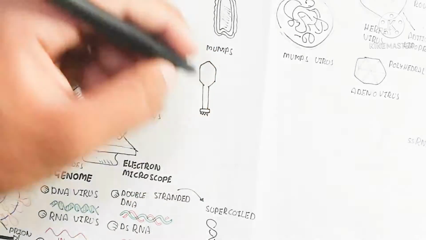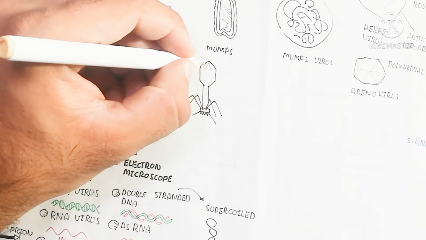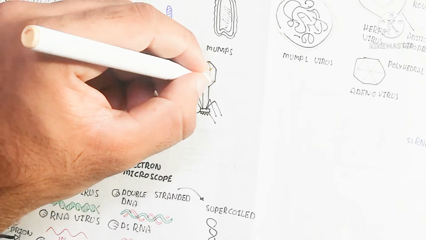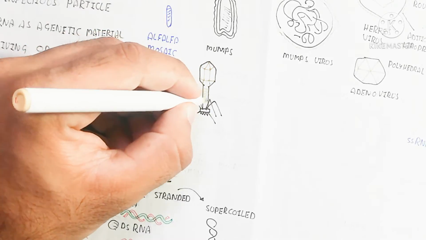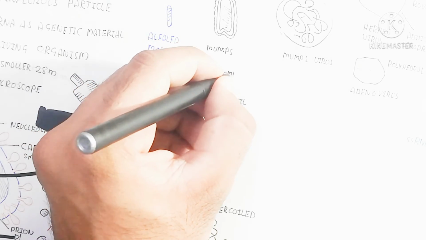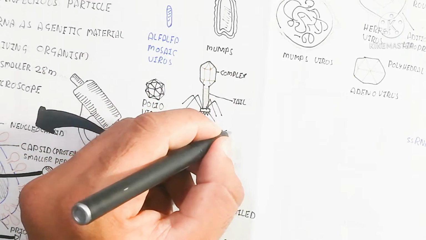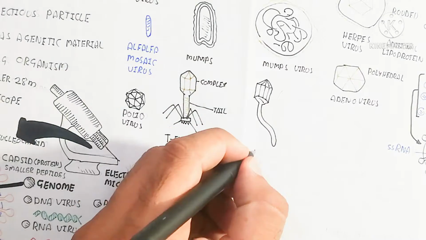Looking like this. While here is the T-even phage. This T-even phage is a bacteriophage, which has a complex structure and infects bacteria. We will discuss it later in the next video. We should just understand here that this is the bacteriophage.